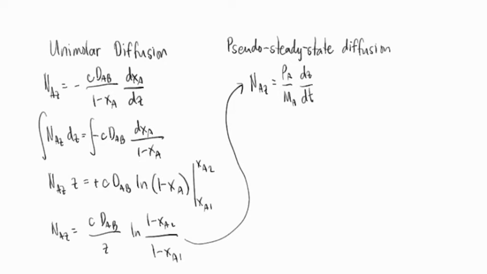Since they are both equated to N_Az, we now have the equation C D_AB over z times ln of (1 minus x_A2) over (1 minus x_A1) is equal to rho_A over M_A multiplied by dz over dt.